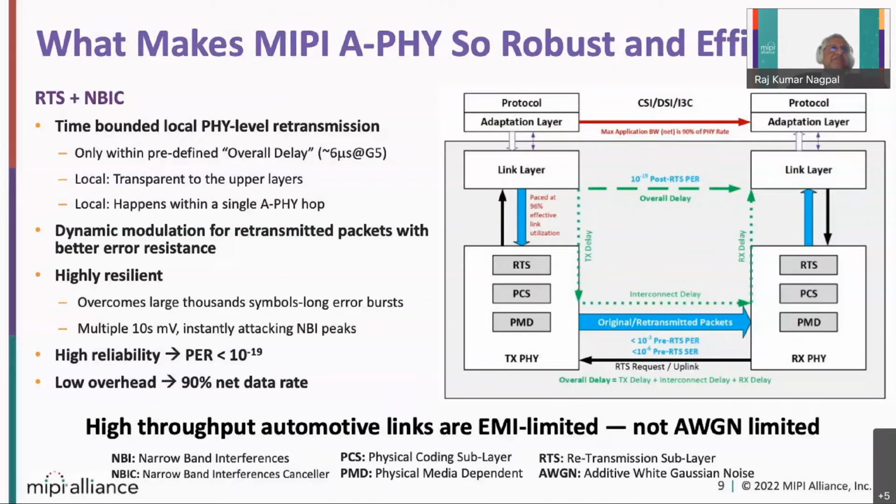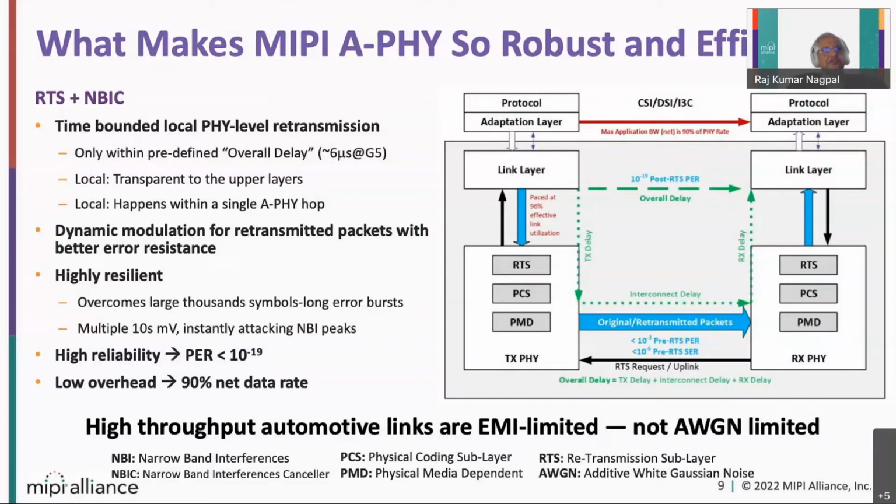And by the way, this particular mechanism is not going to be visible to the upper layer. This is a local event of RTS and NBIC. So here the link layer is not going to really get affected. There is a defined time within which this retransmission event is allowed. So within 6 microseconds is the total delay from my source to sink for the packet delivery. Okay, so that's the way.